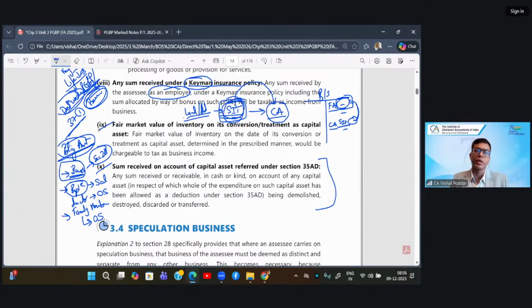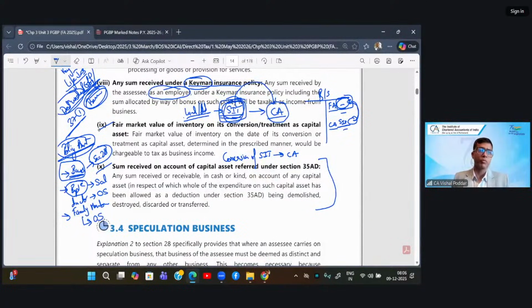So when you have shifted it from stock in trade to capital asset, it is treated as PGBP income. So this is something interesting. We call this conversion of stock in trade to capital asset. This is treated as a PGBP income. Now the question is, you have not sold it to any outsider. There is no money coming to you physically, but we still want to tax it in the business head.